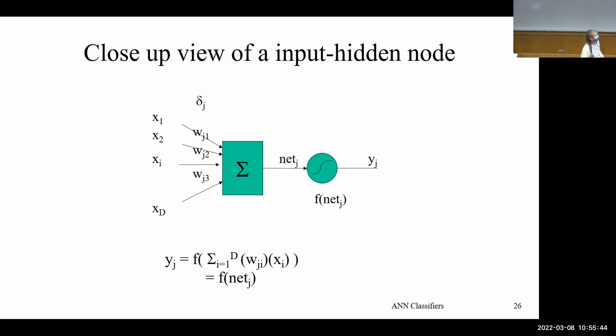So again, a close-up view of our input to hidden nodes. Got all the different weights there. We've got our activation function, which has a summation inside of it, or the net J inside of it.